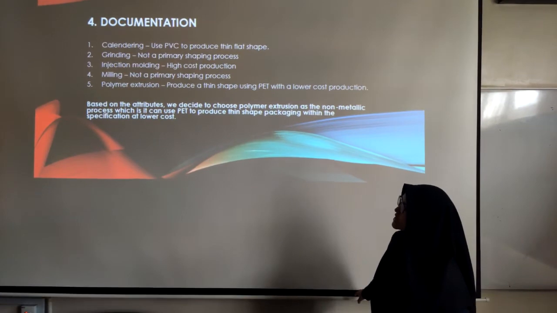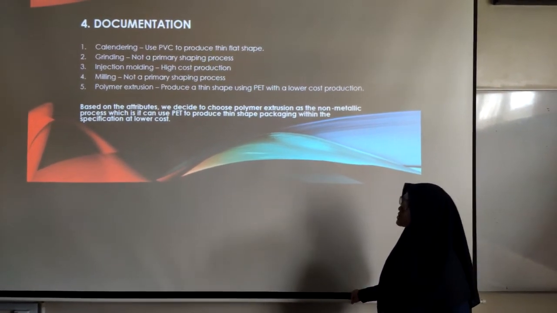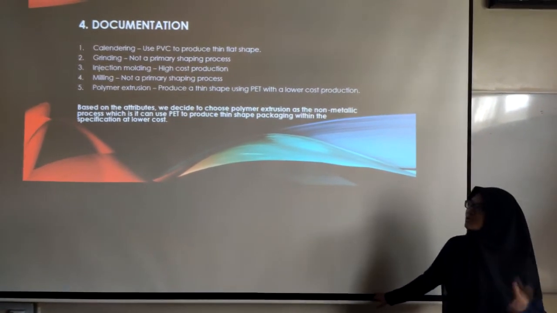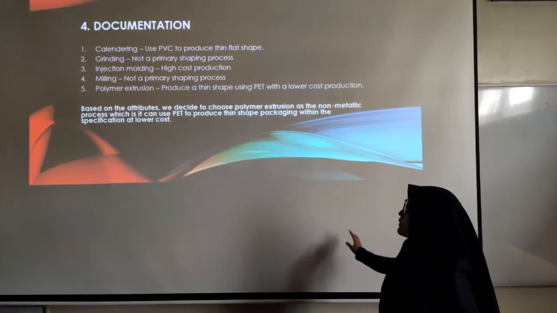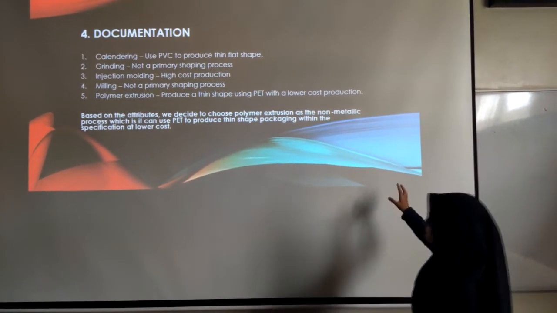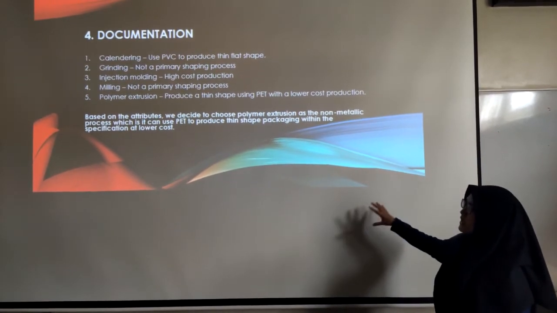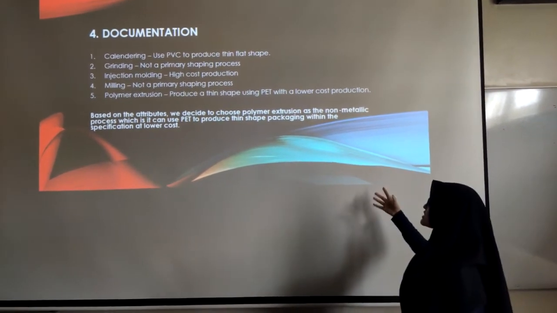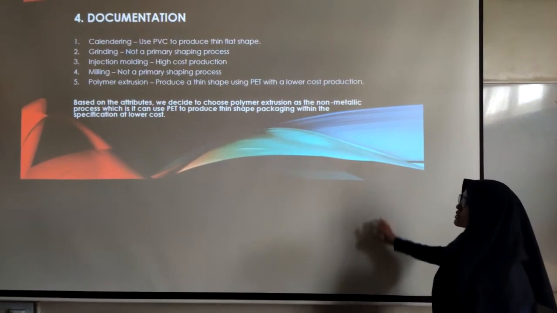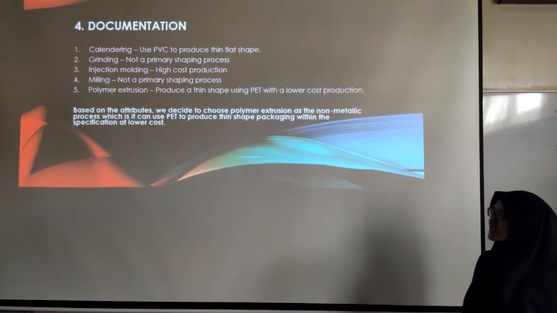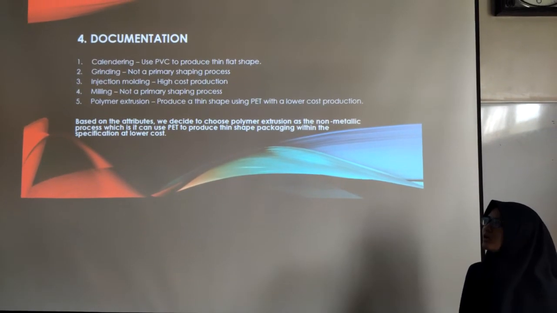For the injection molding, it is high cost production, so we don't want to use it because our objective is to minimize the cost. So the polymer extrusion is the best process because based on the attributes, it is the process which can use PET to produce thin-shape packaging within the specification at lower cost.